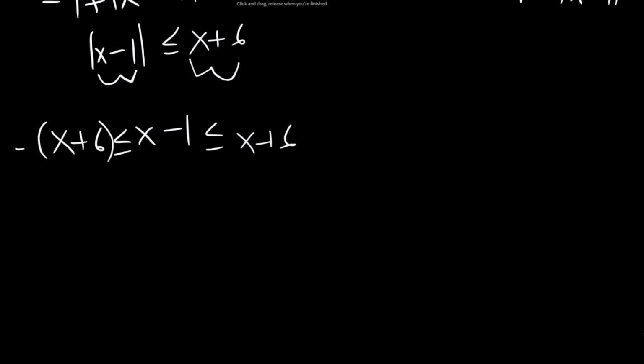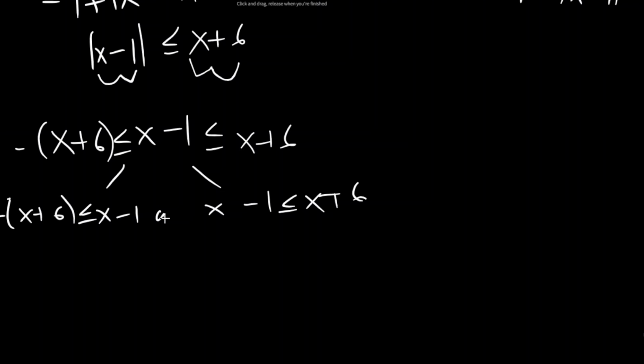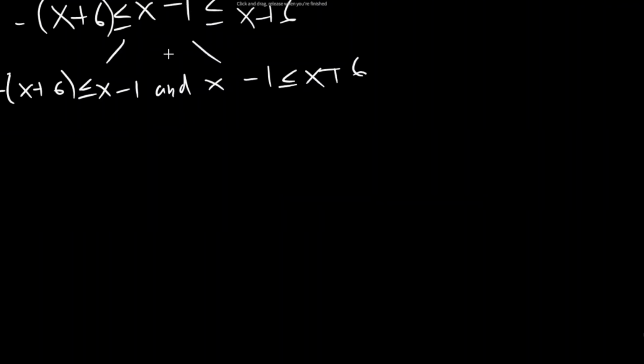Let's do a bit of simplifying. Actually, I think it's in my best interest to just split this up. So we can do that. And again, that's just literally copying them down both. So we can distribute this to get minus x minus 6 less than or equal to x minus 1.